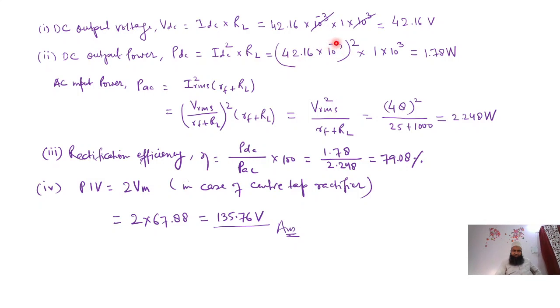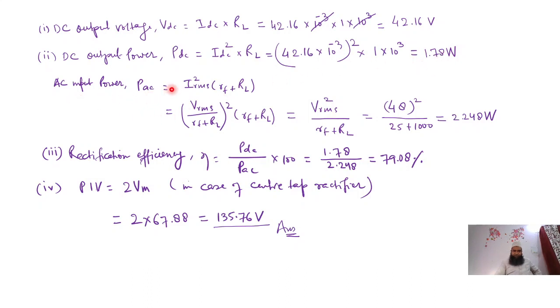This is 10 to the power minus 3, and we are squaring this term. Care must be taken. A student makes a mistake here, only squaring the number and multiplying the load resistance, and will get more power here. That is the mistake.